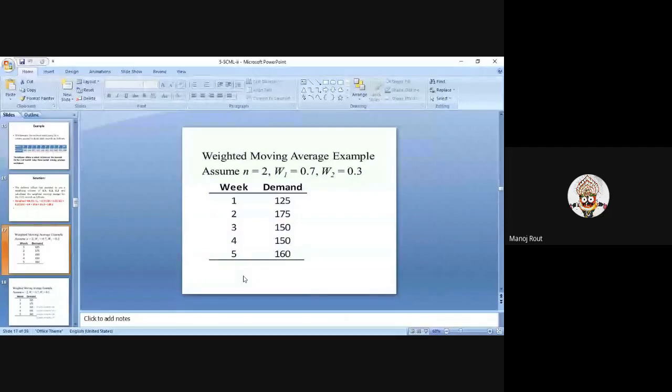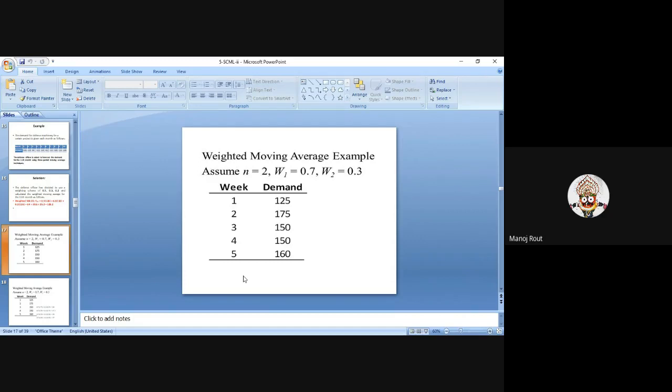Try to understand the question. The question itself does not say what to calculate. Suppose I ask you to forecast the demand for the 6th week. That means you are using only 2 weeks of data, the 4th and 5th. Yes or no? W1 is not for the first week.